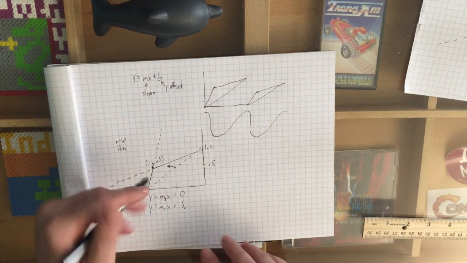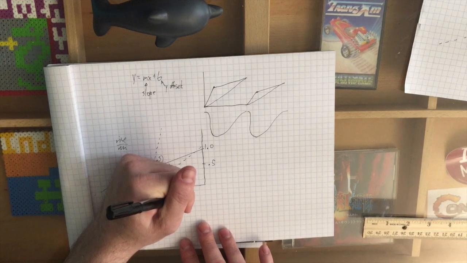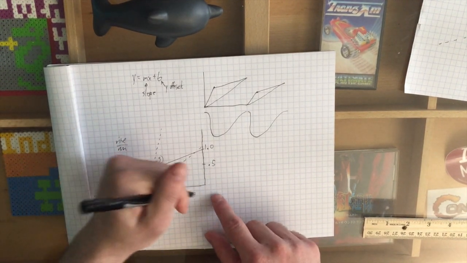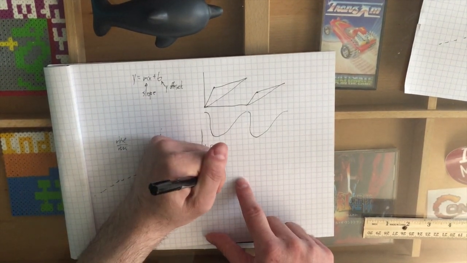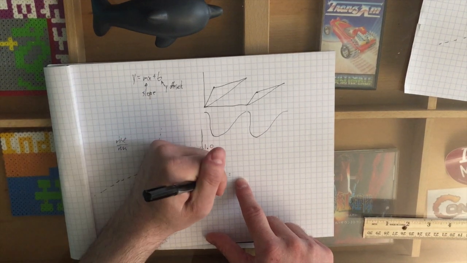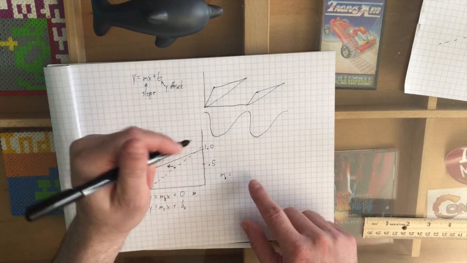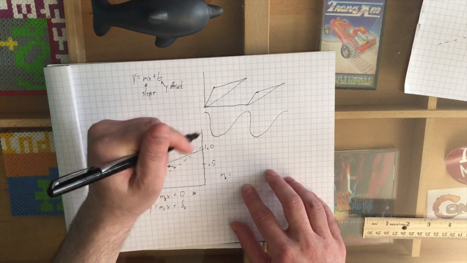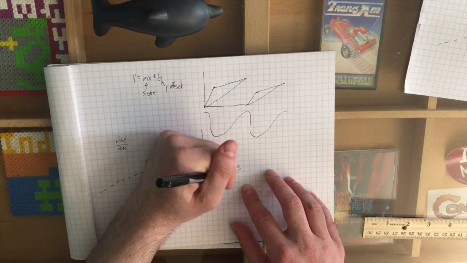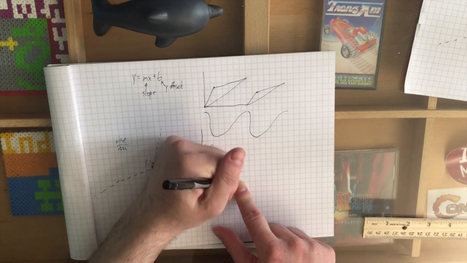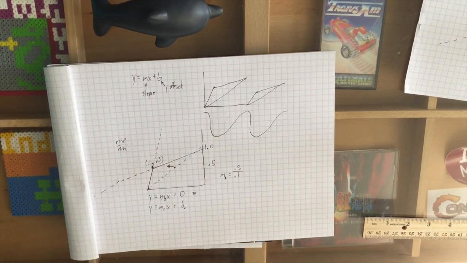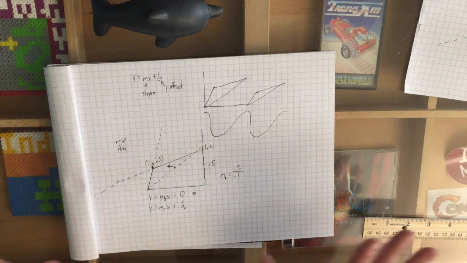So what slope do we need to do that? So M1, I keep writing I instead of 1, is going to be the rise over run, which is 0.5, you're halfway through, divided by 0.1. And that'll give you the right slope. Easy, that's the definition of rise over run.